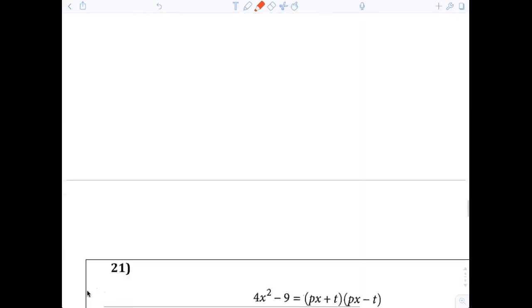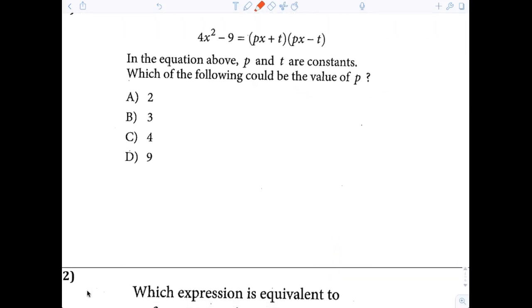Now let's look at 21. We've done 4x squared minus 9. We know what that factors to. I'm not understanding why some of you couldn't figure out what does P have to be. 2. Has to be. Right? Because if you're looking at that 4x squared minus 9, you should be able to say, well, that's just 2x plus 3 and 2x minus 3.